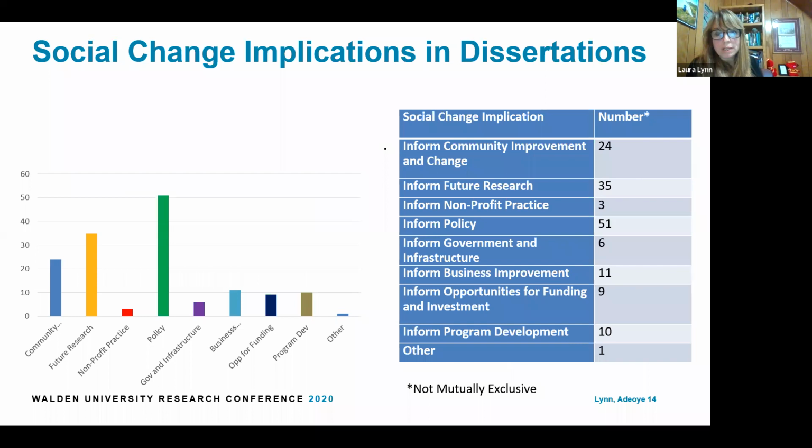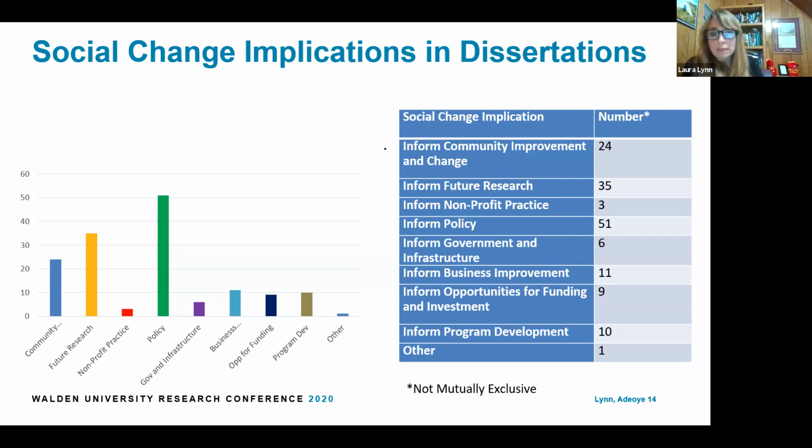So, social change implications in dissertations. After reviewing what we were seeing in these sections, we came up with these particular categories. And I need to be very clear here that in most cases, they were not mutually exclusive.